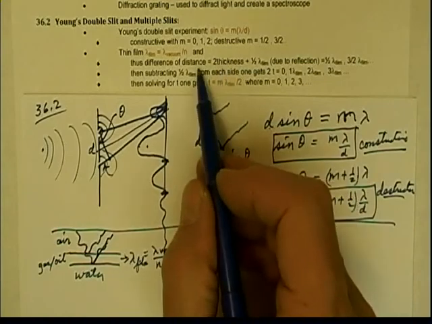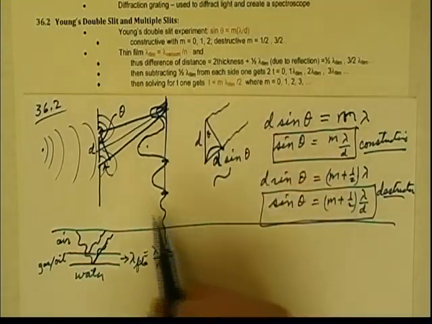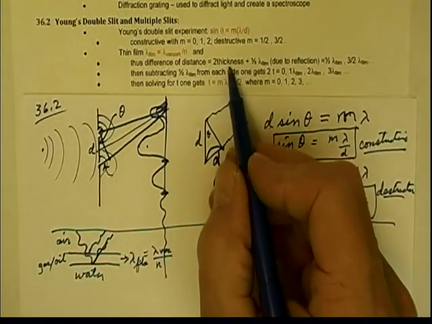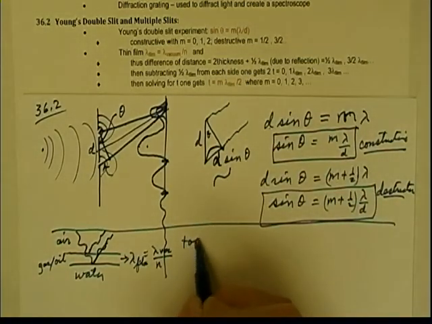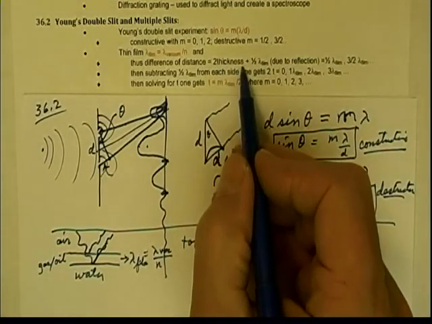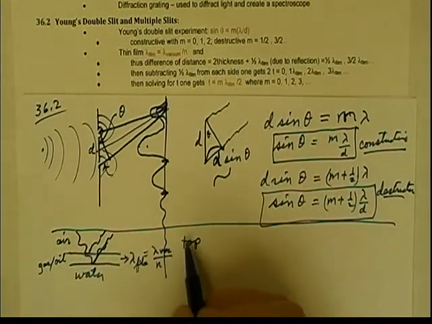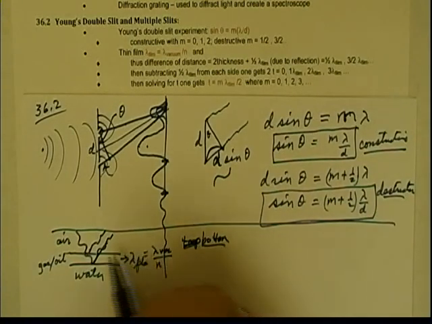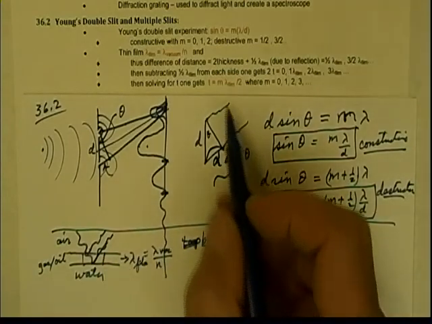The difference is going to be of the distance between the top and the bottom. First of all, let's look at the bottom. In the bottom, we have the thickness going down and the thickness coming up.